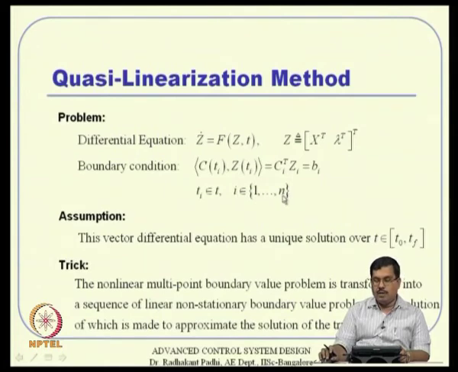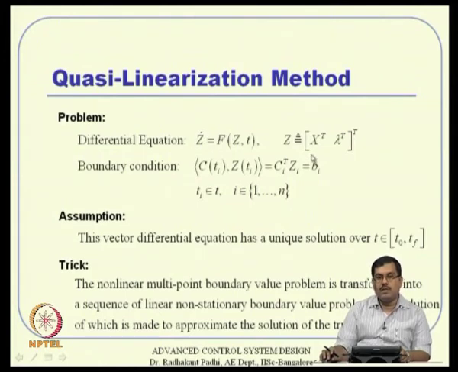So, what you are saying here is that boundary conditions can be given at multiple times. They need not be given only at initial and final times, but can be given at discrete points of time, and need not be a specified value per se; they can be given as some sort of linear combination of those components of z in general.